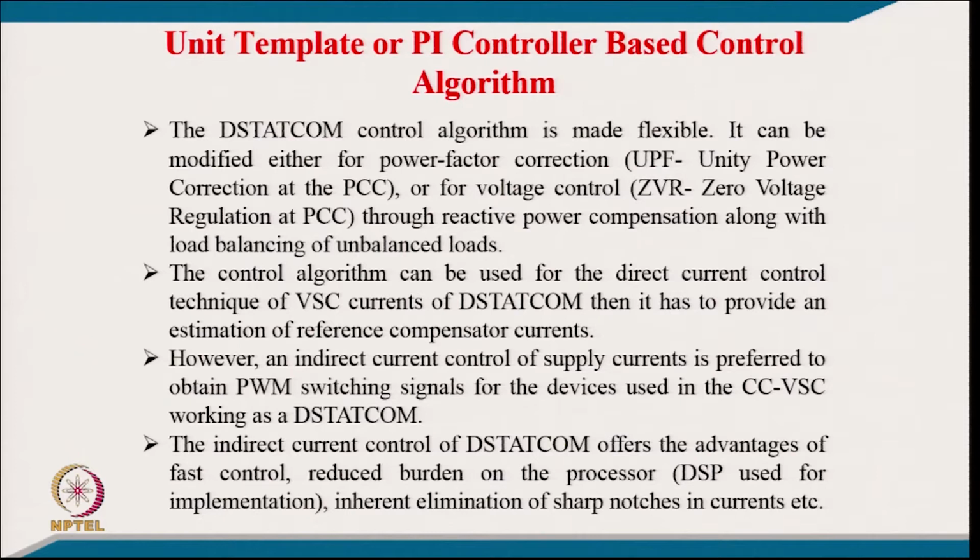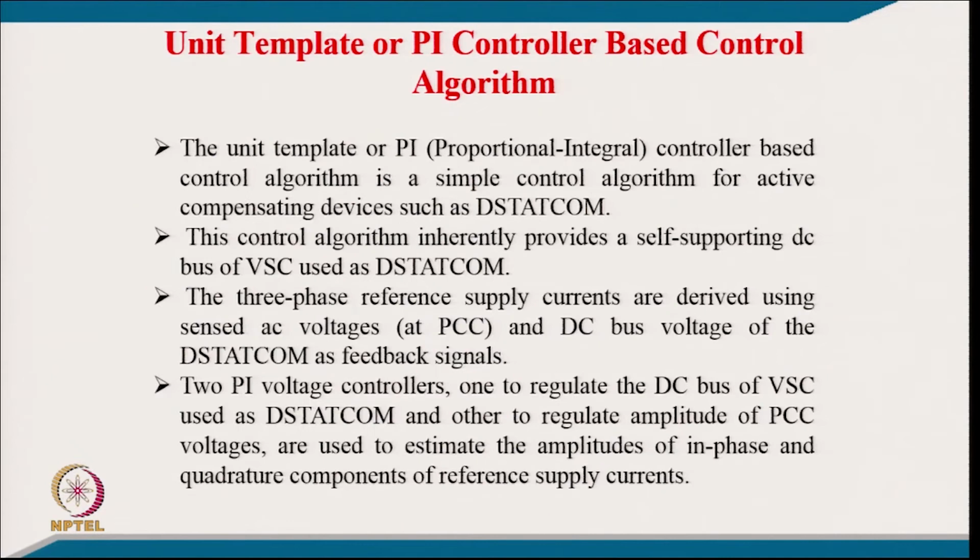So, indirect current control of D-STATCOM offers the advantage of fast control, reduced burden on the DSP for implementation, and inherent elimination of sharp notches in the current if there are any. The unit template or PI controller based control algorithm is a simple control algorithm for active compensating devices such as D-STATCOM, and it inherently provides a self supporting DC bus of the voltage source converter used as a D-STATCOM.